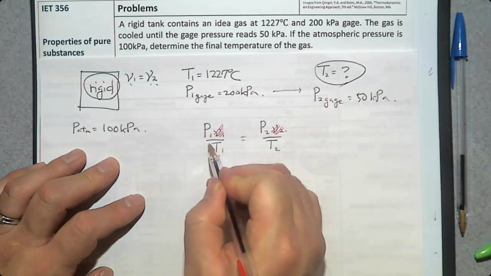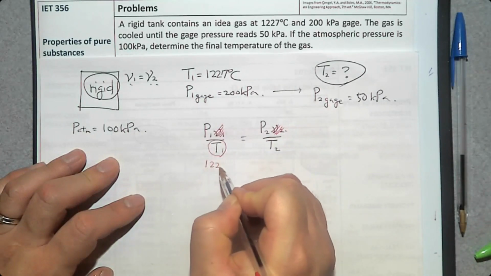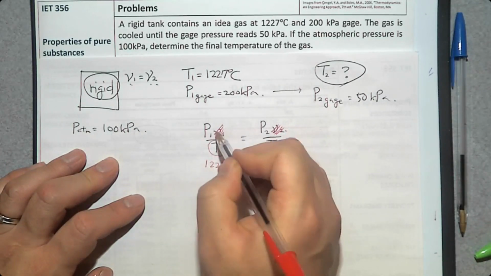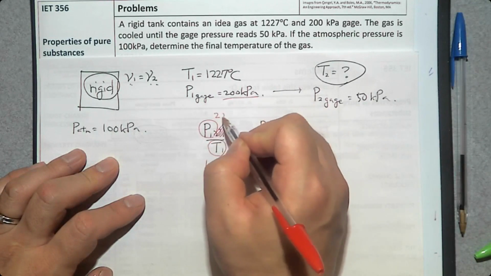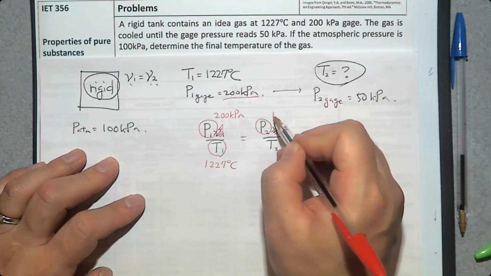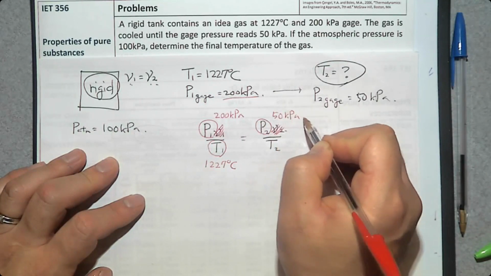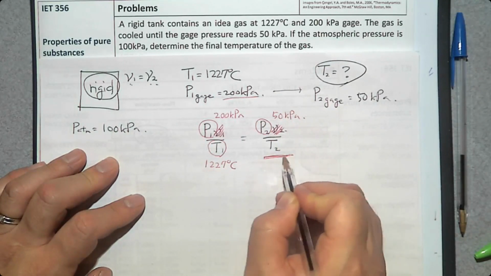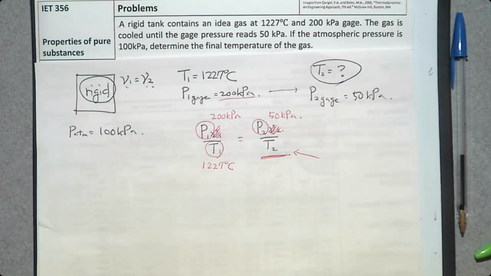Then what is the temperature? T1, 1227 degrees Celsius. What is P1? 200 kilopascal. And what is the final pressure? 50 kilopascal. Can you determine the temperature at the final state? Yes or no? Is this correct or not? No, what is wrong here?